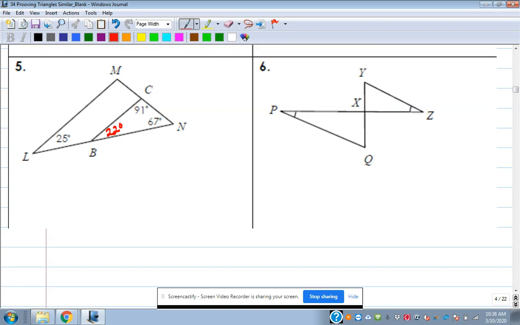That one had to have 4 angles in it. It does, but we're looking for triangle similarity, right? So if we found this other angle, 67 and 25 had to be what, 92? And then that leaves what, 88 right there. Notice that that's not 80, that should be 88 right there if they're similar.